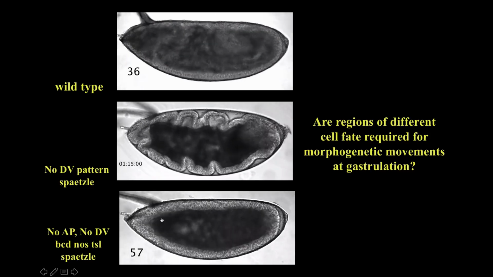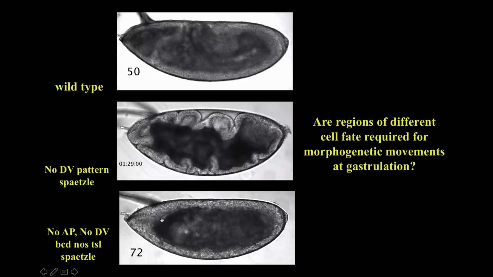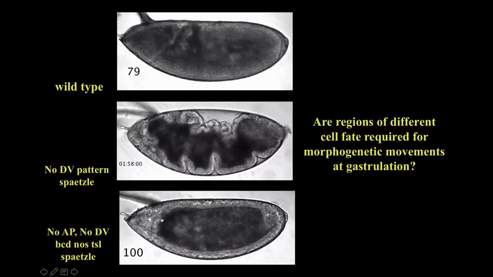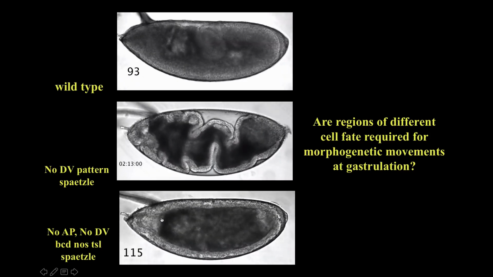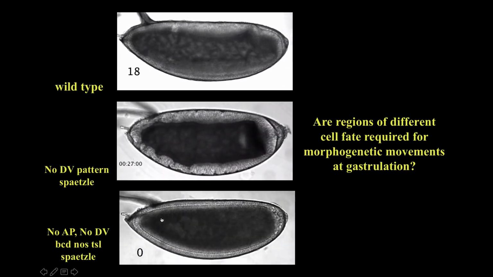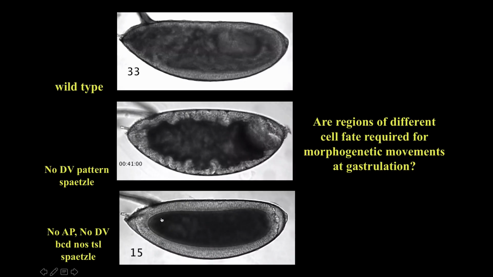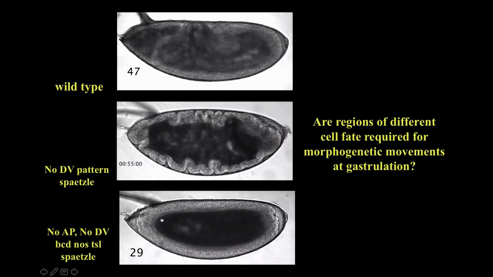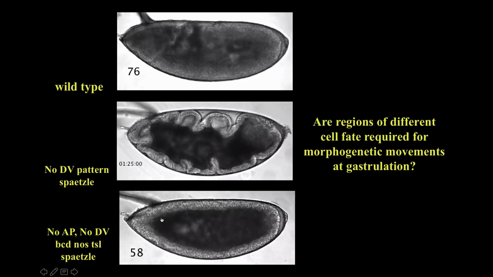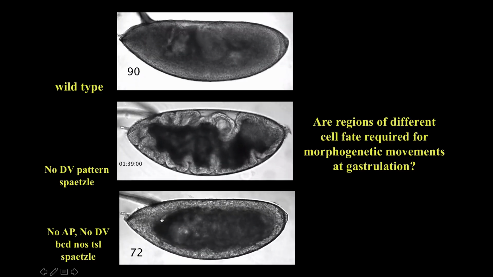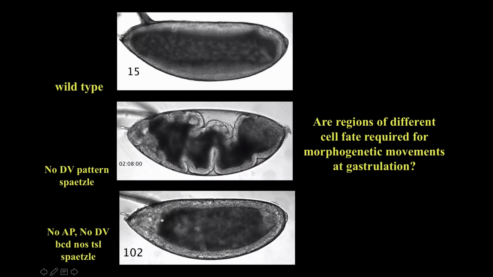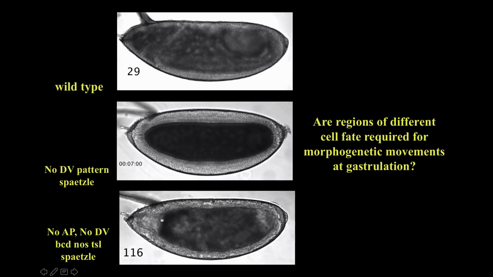They still have anterior posterior pattern, and you get certain kinds of defects that are extremely reproducible and that I want to understand. If you have no patterning at all, you might expect that you can't have movement, because you must have differential force generation to produce movement, and yet things happen in these embryos that I believe will be informative and present us with opportunities for understanding the process.